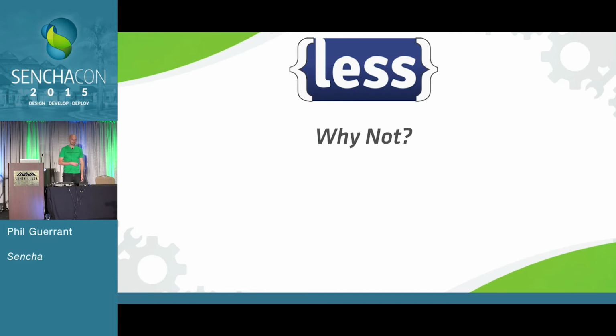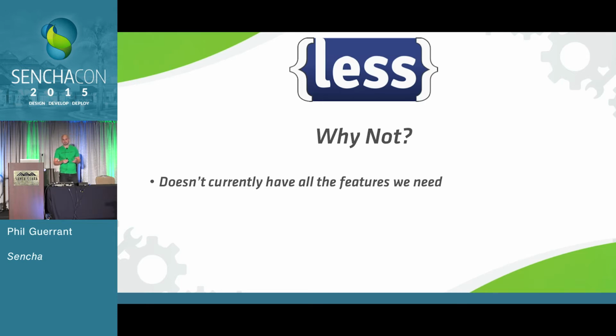We did indeed evaluate Less, and we thought it was good. I liked Less. It runs in the browser, it's written in JavaScript, it's fast, but it didn't have all the features that we needed. Certain things like default variables and conditional statements weren't available, or they were implemented so differently that they would have a big effect on the way we do theming.